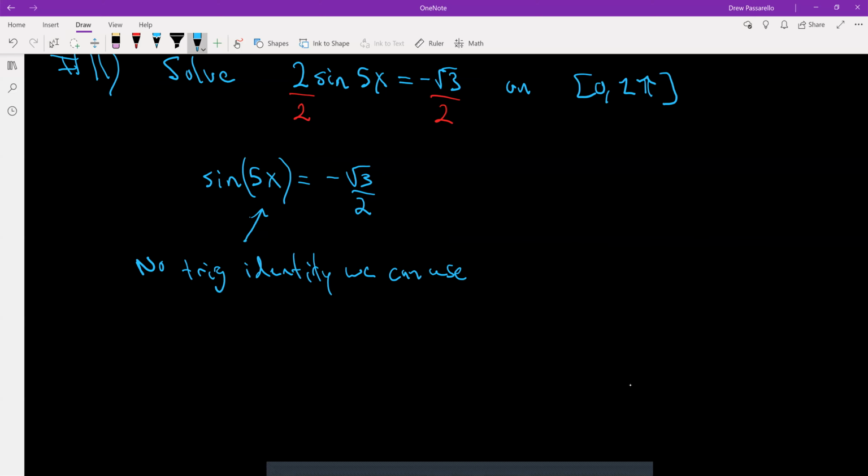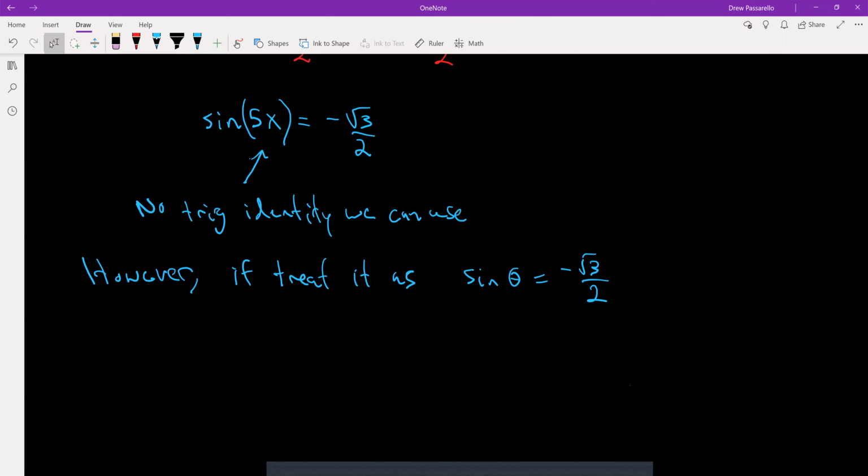However, if I treat it as just sine of theta equal to -square root of 3 over 2, I can find theta, and then I can find 5x, and what x is.